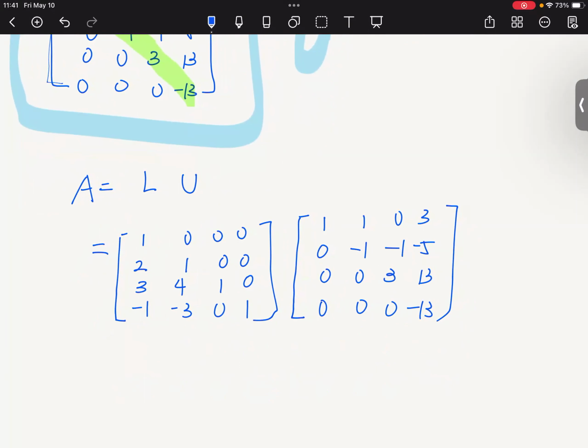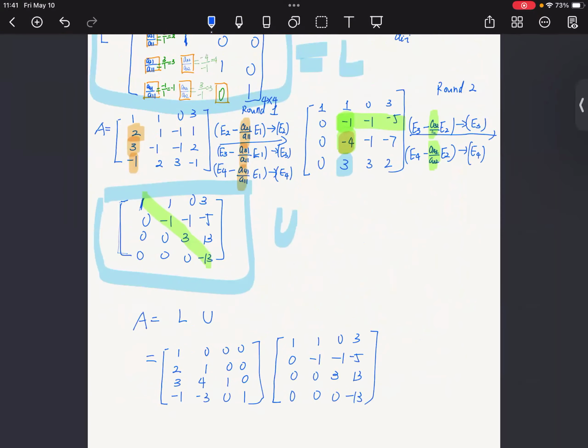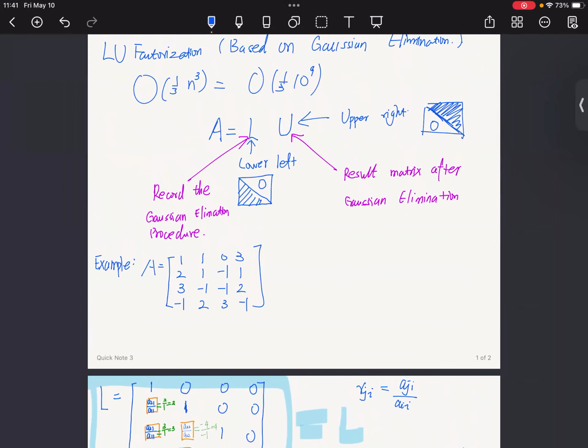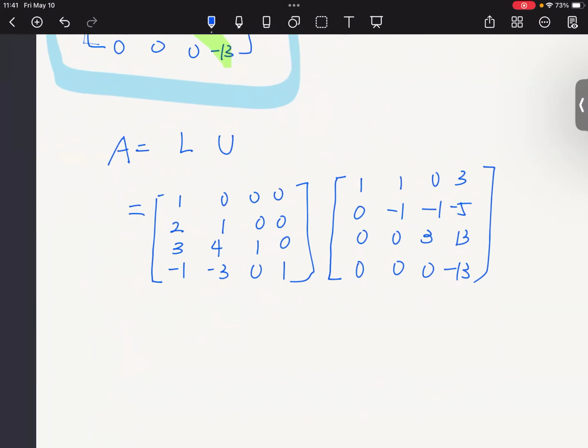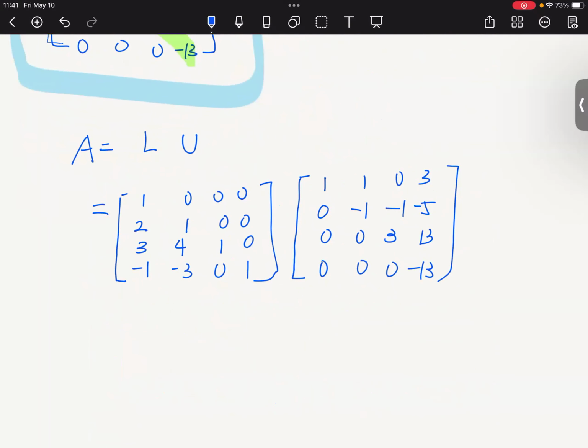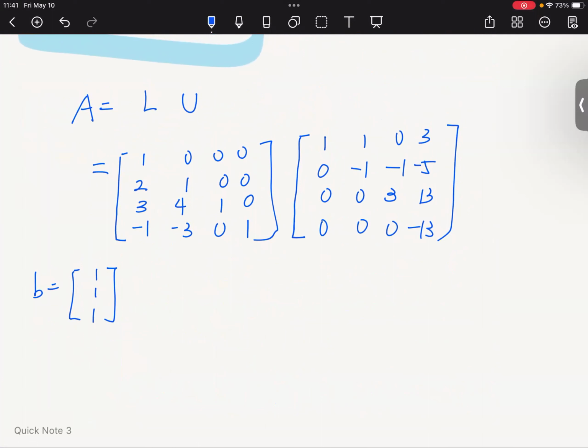And at the end of the day, you need to solve for this equation. The original problem is just a matrix, right? If you have a B vector here, for example, B equals 1, 1, 1, 1, 1, then what you should do is solve these equations in this way.